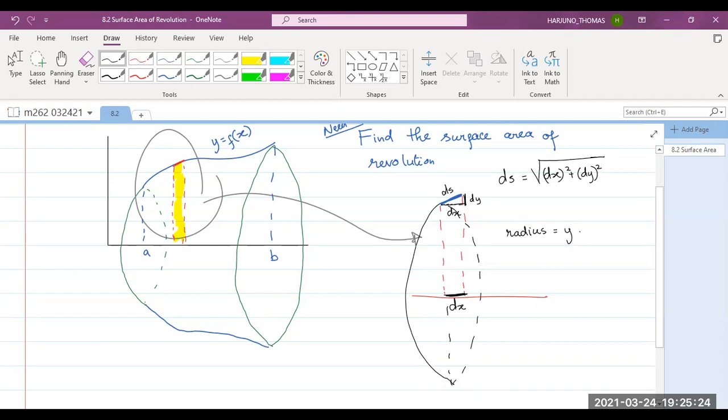So the circumference of this rotation, or revolution, I should say, will be 2 pi y.